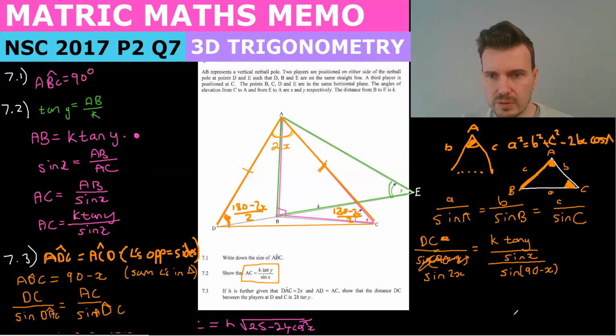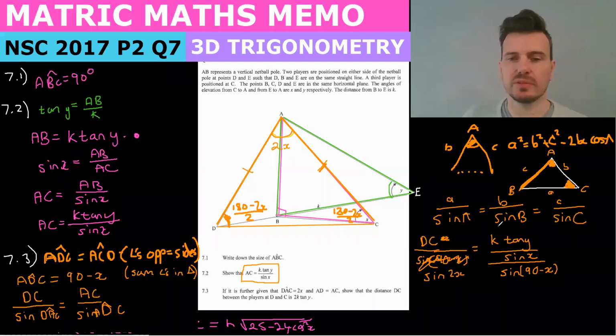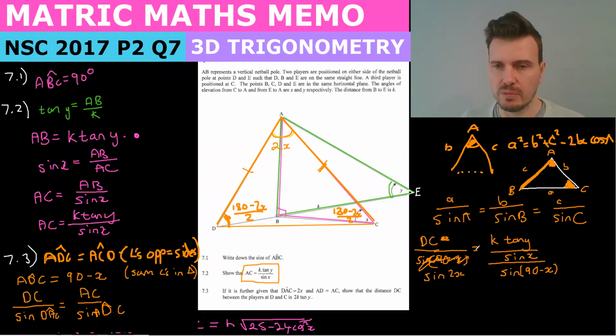Okay. Now when we have a double angle formula, sine 2x, we know that sine 2x from our formula sheet is equal to, let me put that up, I'll put it in yellow over here.